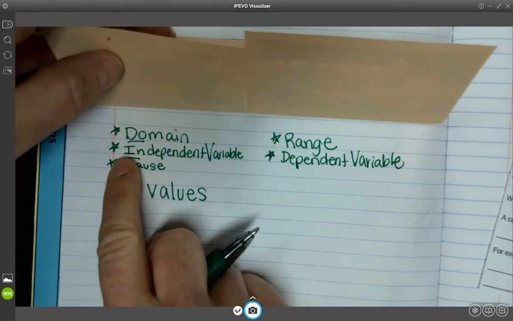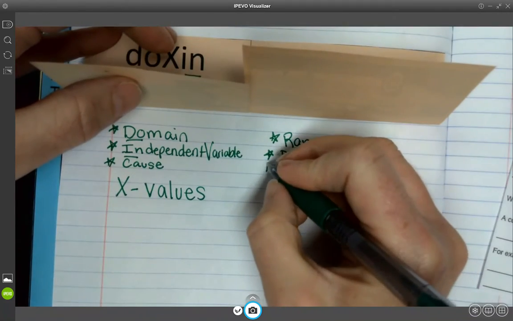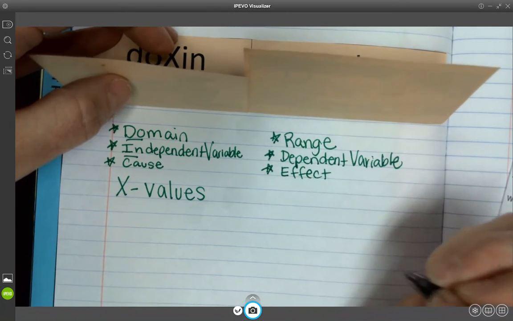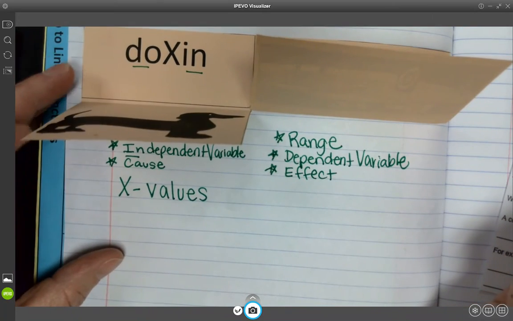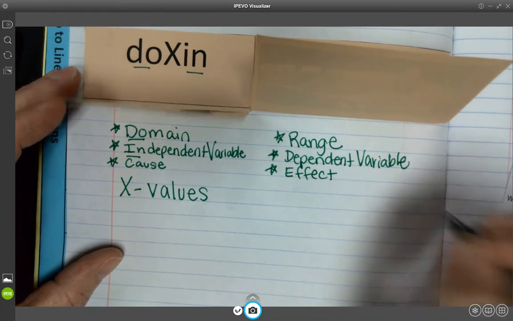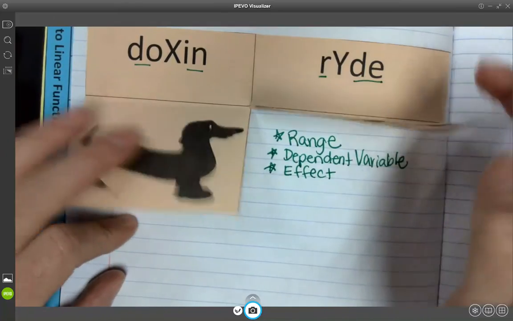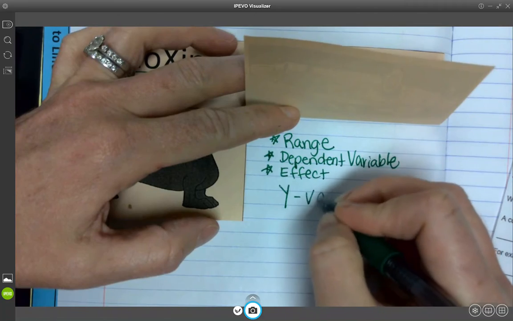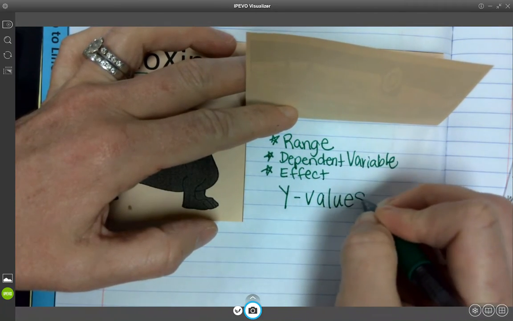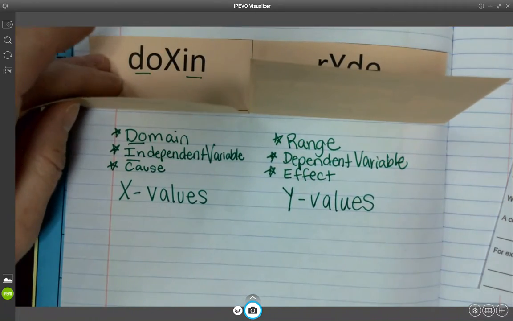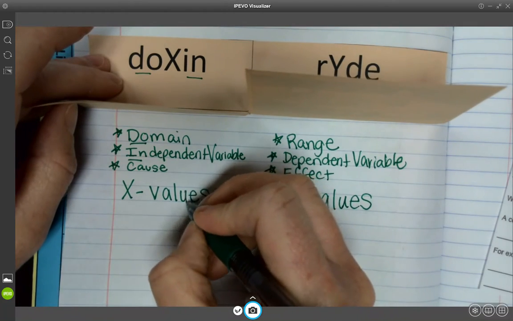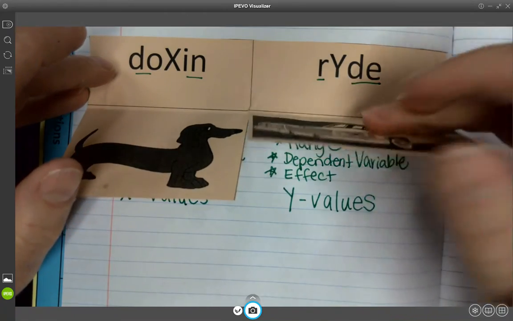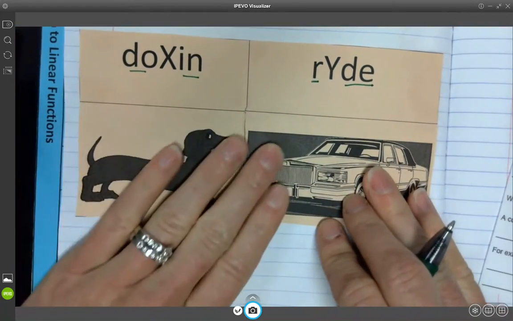And if the X is our cause, then Y is the effect. doXin is our X values, rYde is our Y values. So doXin, rYde.